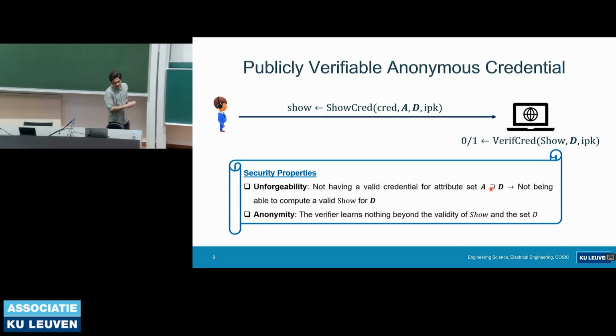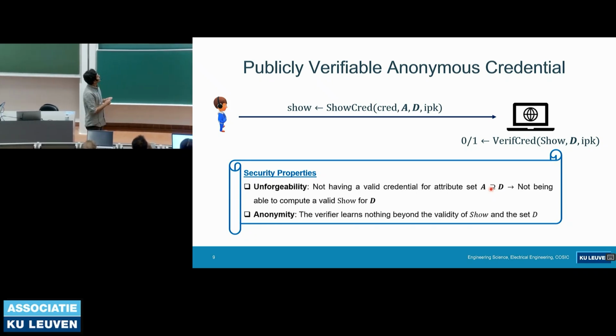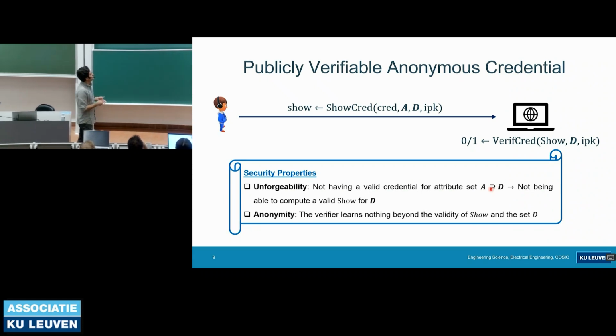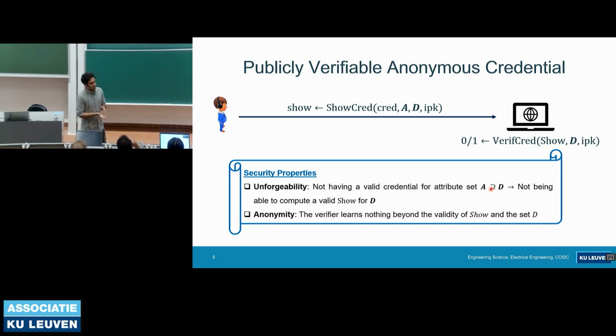So by that we can meet two security properties. One is unforgeability and the other one is anonymity. Unforgeability says that, not having a credential for an attribute set A, which is a superset of D, the set that we want to reveal, to disclose, we are not able to generate a valid show for that.